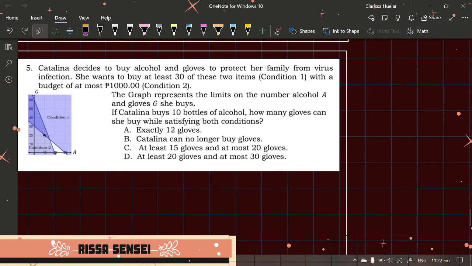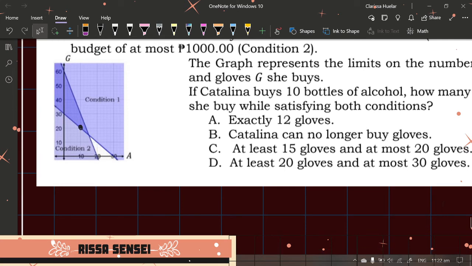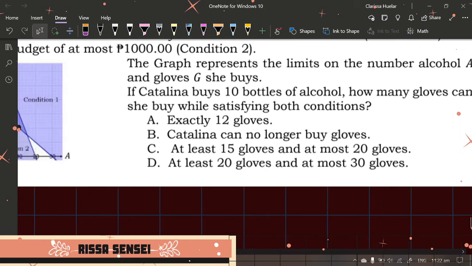How about the second? So, I took this from the module sa assessment part. Catalina decides to buy alcohol and gloves to protect her family from virus infection. She wants to buy at least 30 of these two items with a budget of at most 1,000 pesos. The graph represents the limits on the number of alcohol A and gloves she buys. If Catalina buys 10 bottles of alcohol, how many gloves can she buy while satisfying both conditions?